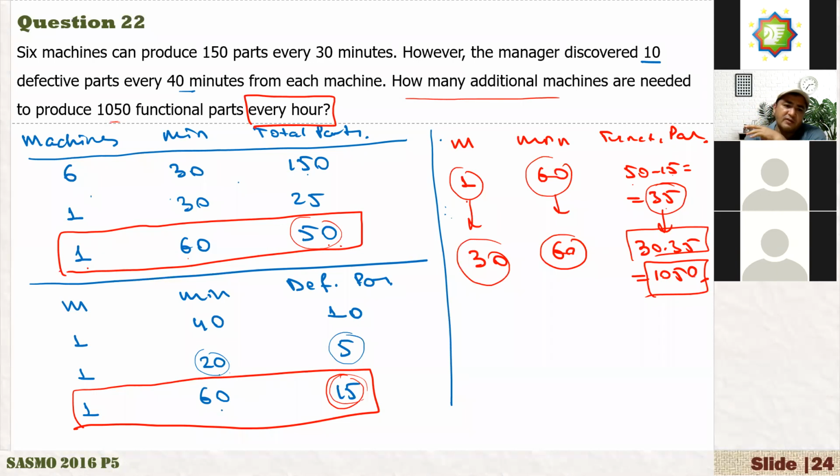After that, just divide 1050 by 35 and we will get this number, and multiply the number of machines, because if the time is not changing and we have more machines, they can produce more, right? Anyway, that is the idea, Nargiz, Aydin, Ismail. One more time you have to read this and try to solve using this method, okay?